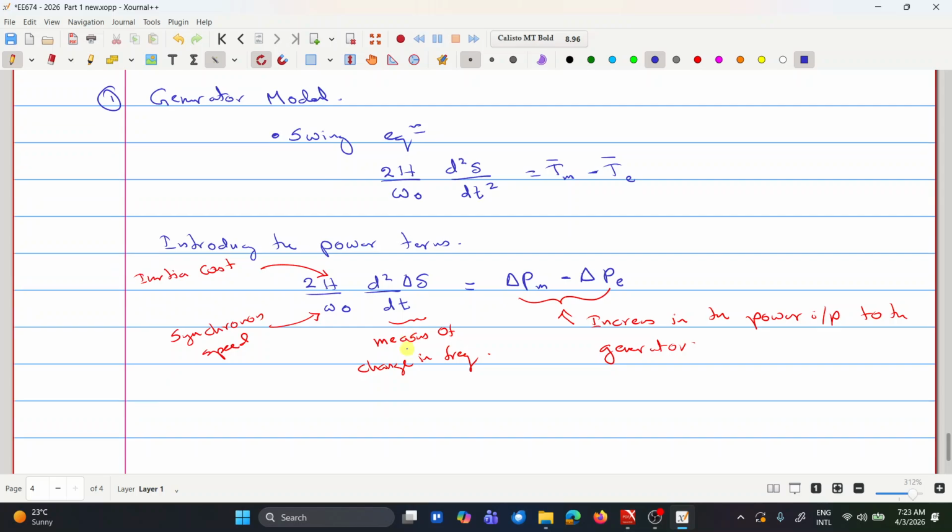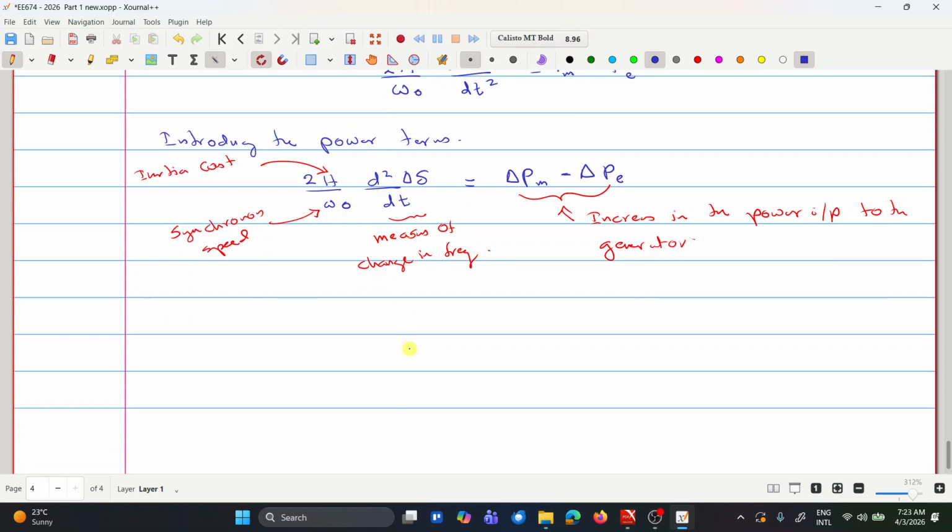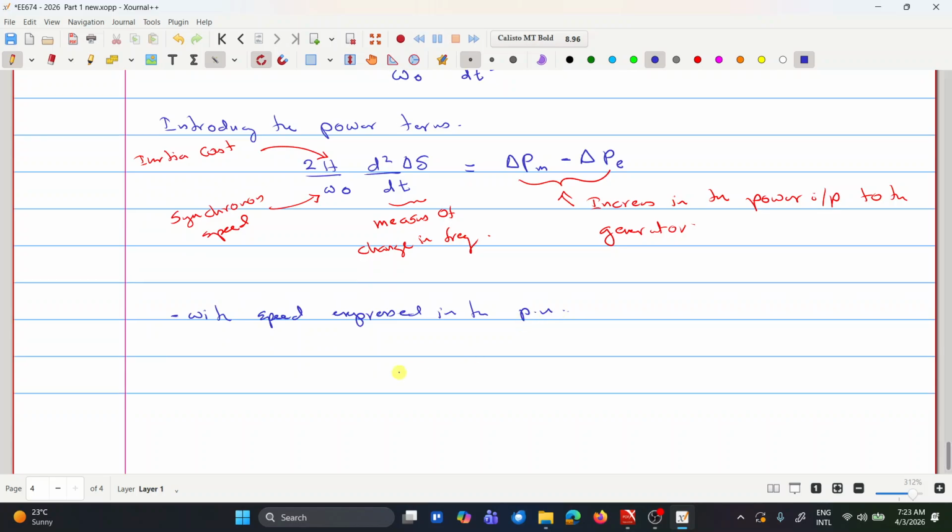Now with the speed expressed in per unit, d over dt of delta omega, that's the speed, equals 1 over 2H times delta Pm minus delta Pe.